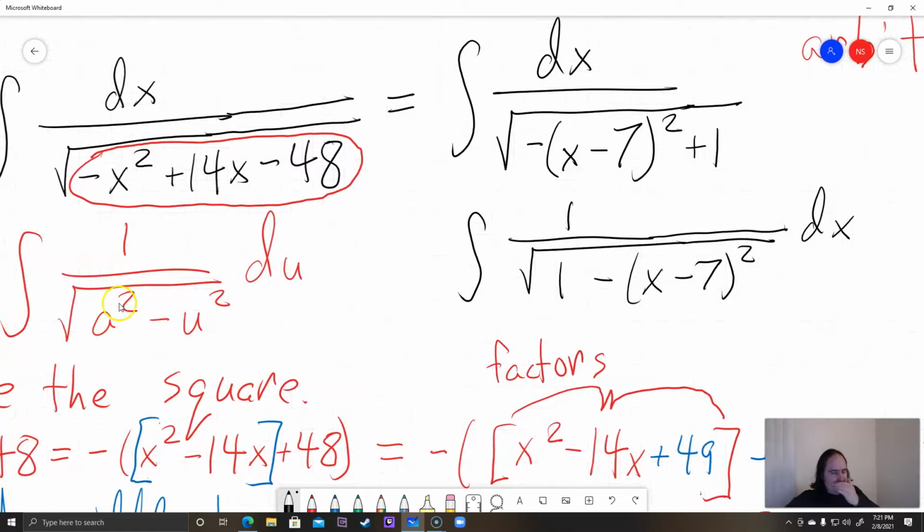It's just here our a squared is actually going to be 1. So 1 is our a squared. And then our u is going to have to be x minus 7.